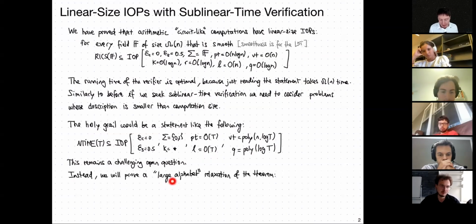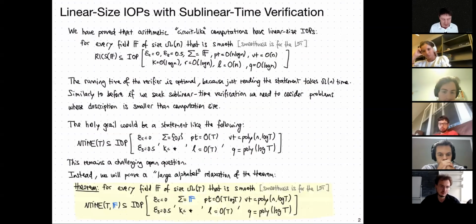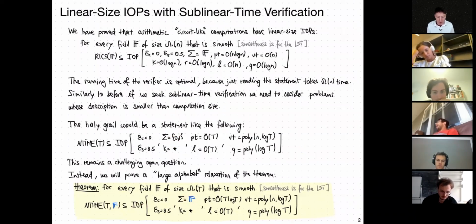We'll basically prove a large alphabet relaxation of the theorem that says that for every field that is large enough, at least as large as the computation, and again smooth, if you consider non-deterministic computations that are arithmetic over that field, and here this is not a precise notion, I'll make it precise later, we'll basically achieve what we want just over a larger alphabet than the binary one, the natural one for these arithmetic computations. And here, the proof length will indeed be linear with polylogarithmic running time.